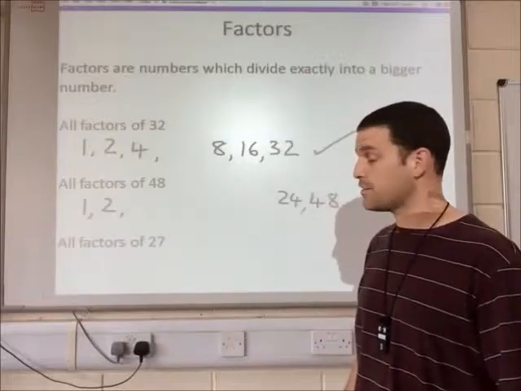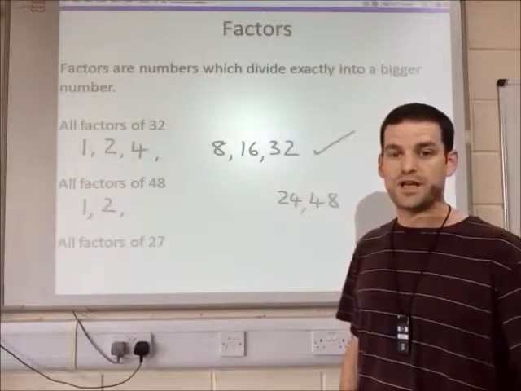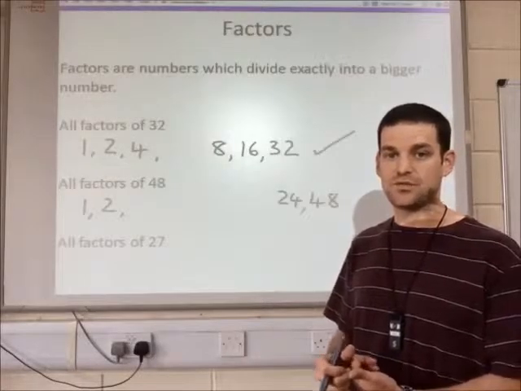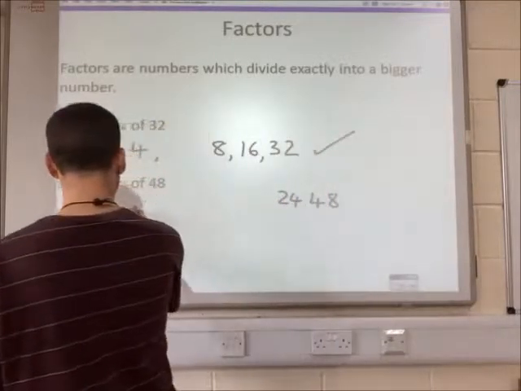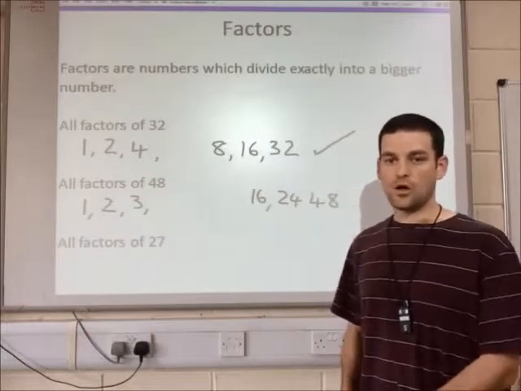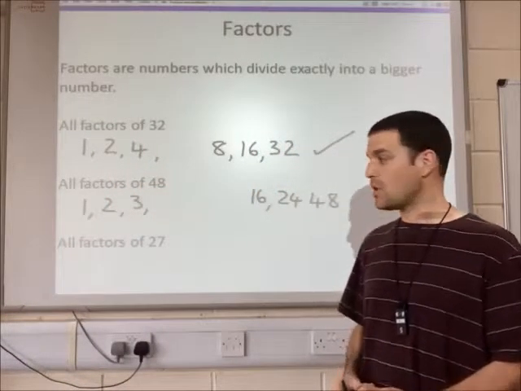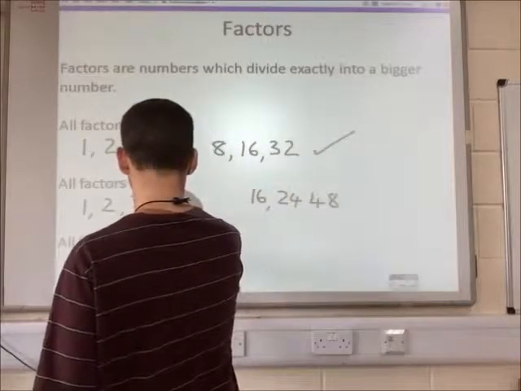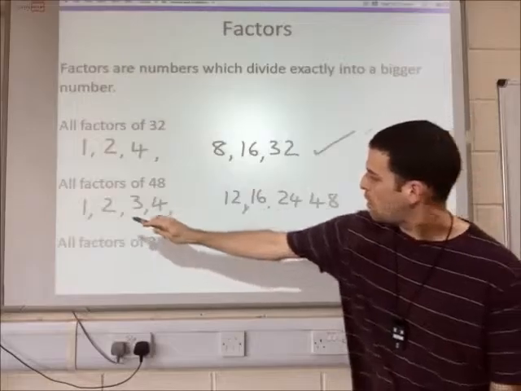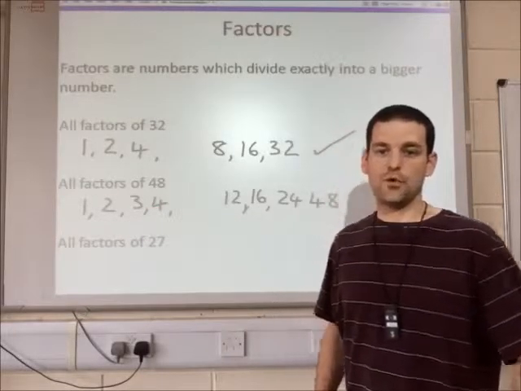Okay, next, 3 is also a factor of 48. You can work out how many times 3 goes into 48 as 3 16s. Okay, also 48 is 4 12s. So all of those numbers 1, 2, 3, 4 are factors.